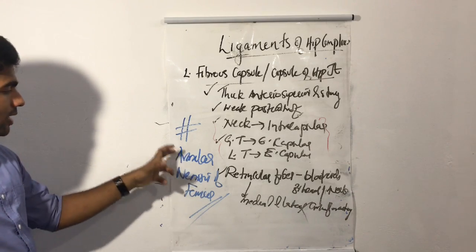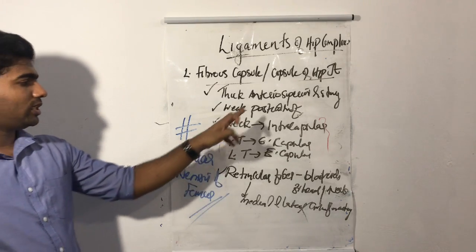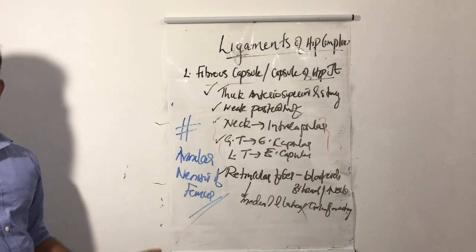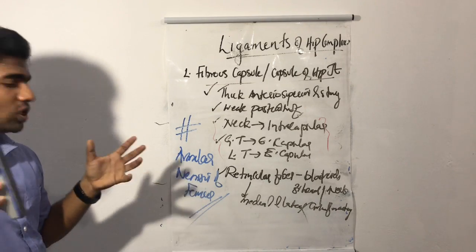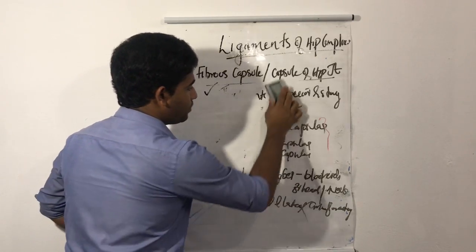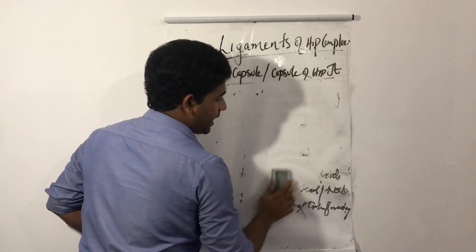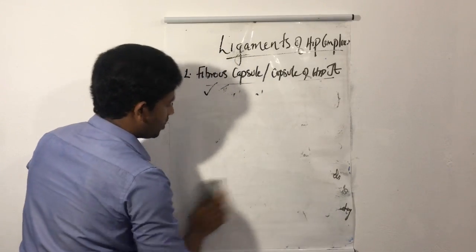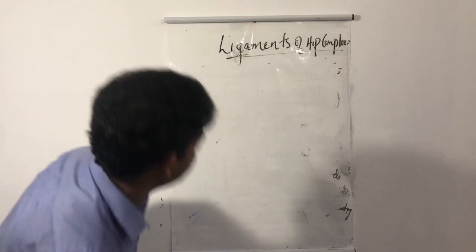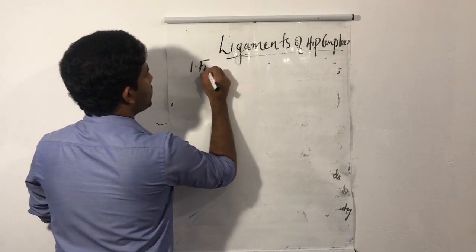If there is damage to the retinacular fibers during an intracapsular neck fracture, it can result in avascular necrosis of the femur. That is all about the capsule of the hip complex.